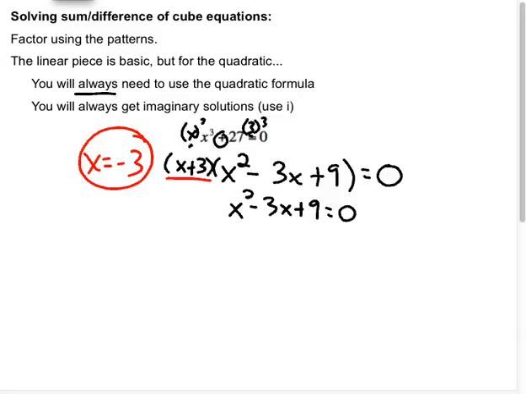And a little hint for you that you'll catch on to, you're also always going to get imaginary solutions from that quadratic. It's just the inherent nature of how this plays out, okay? So you're always going to need the quadratic formula to finish these sums and differences of cubes, and it's always going to give you imaginary solutions for the quadratic formula.